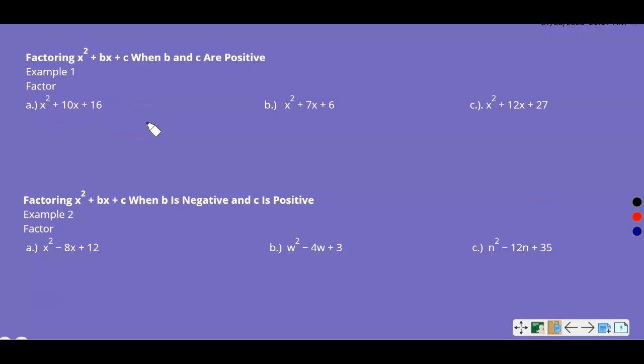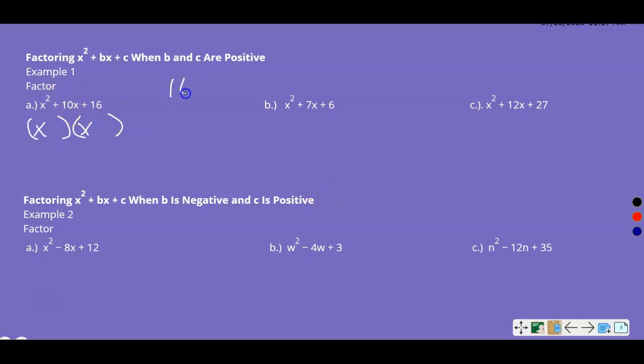To do that, I have to say what multiplies times itself to give me x squared. Well, that would be x times x. Then I have to find all of my factors, everything that multiplies together to give me 16, and I need that to add up to give me 10.